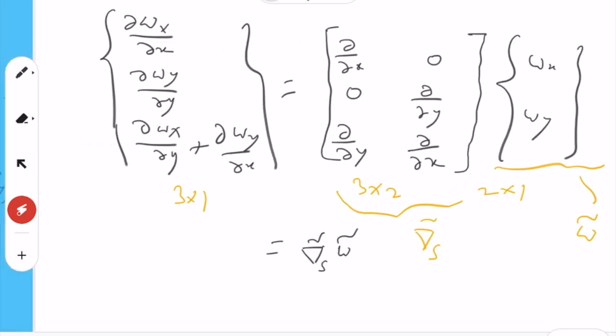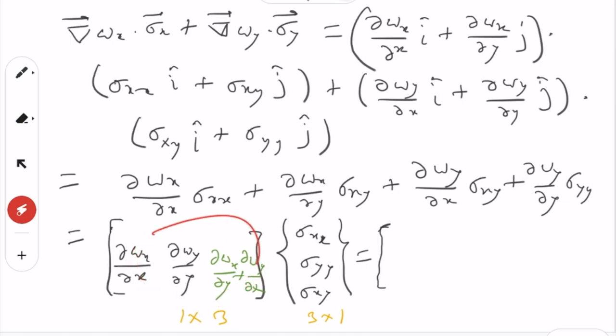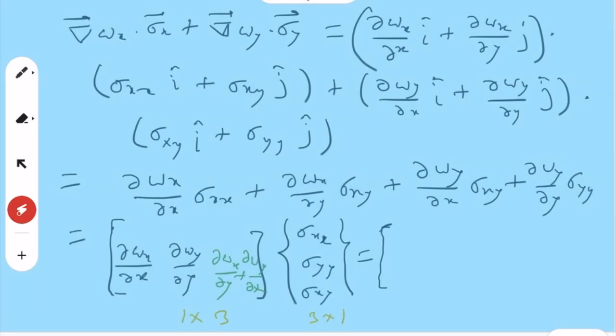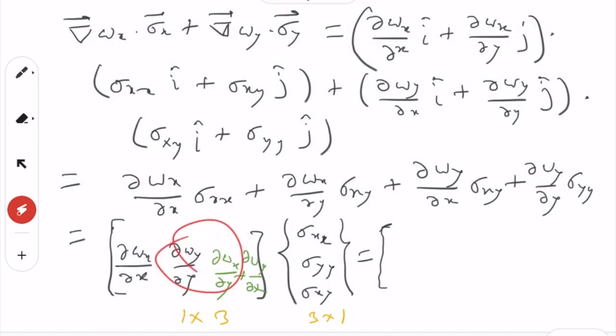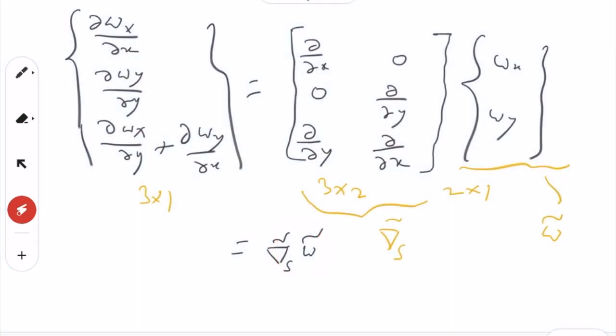So if you see here, this is the transpose of this one, and hence this will be the transpose of the whole thing, del s w.